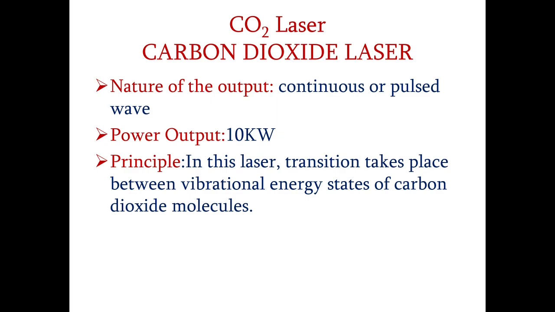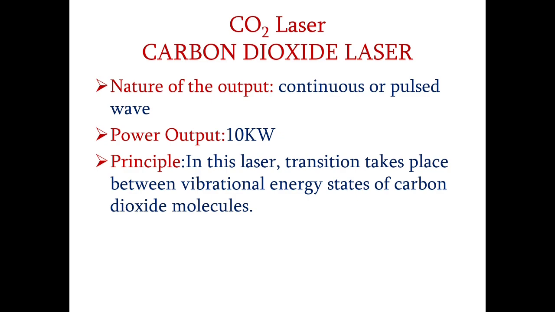Generally, all other lasers give us pulsed outputs, but here the nature of the output in case of carbon dioxide laser is continuous. If we want, we can use it in the pulsed mode also. And we have a very high power output of 10 kilowatt from the laser.